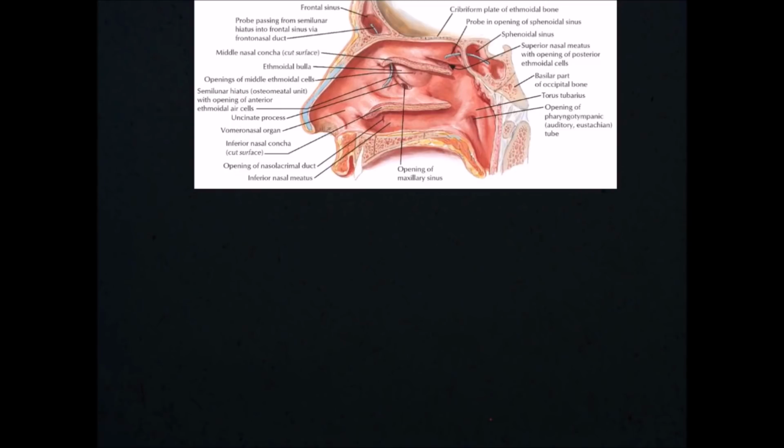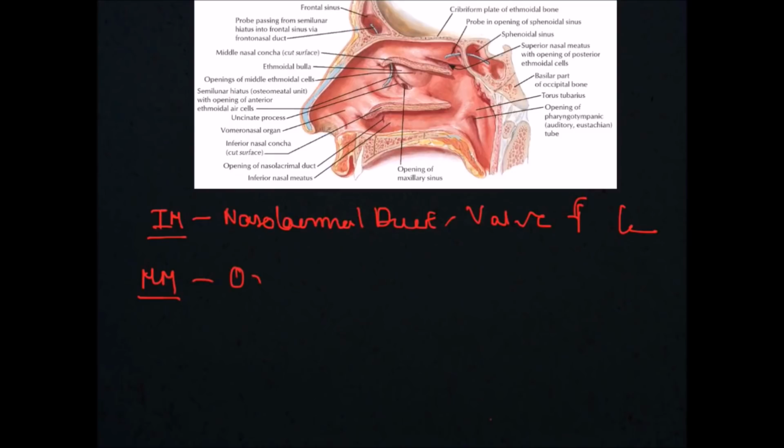In the inferior meatus, the nasolacrimal duct is guarded by the valve of Hasner. Second, the middle meatus is also known as osteomeatal complex, or very good, Picadal circle.